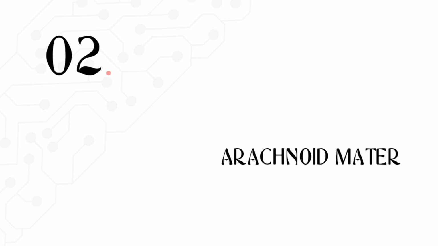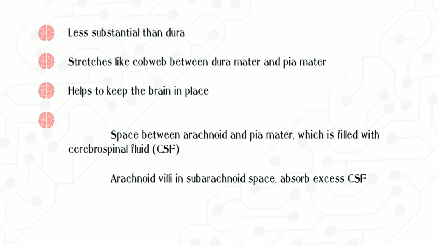The middle layer is the arachnoid mater, which is also known as the spider web, as it has the structure of a spider web or cobweb. It is less substantial than the dura. It stretches like a cobweb between the dura mater and the pia mater, and it helps to keep the brain in place.